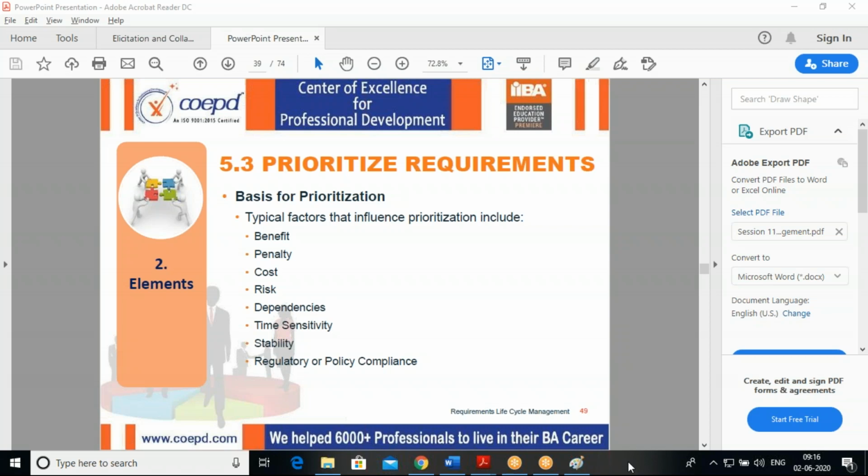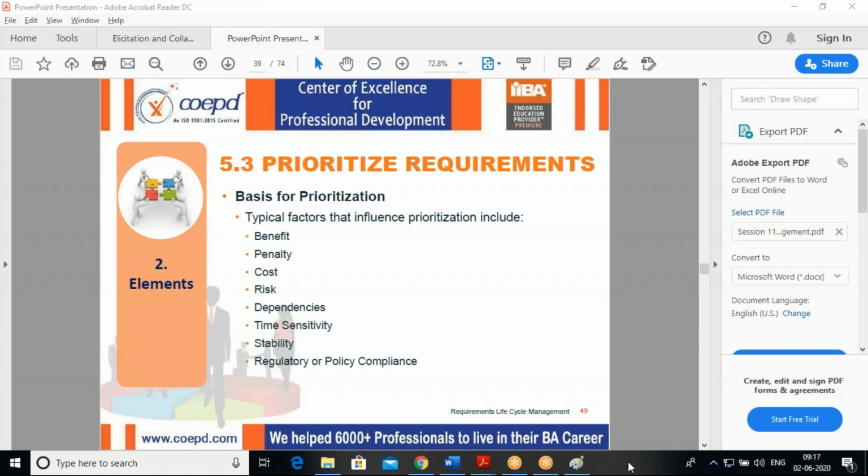So it would be the dependencies, the cost and the risk involved in it. And obviously the benefit that we would be getting from automating the timesheets of the recruiter, since a lot of time was getting wasted for the accounts officer in filing the bills. And the stability of the application also. Yeah, that is more important.